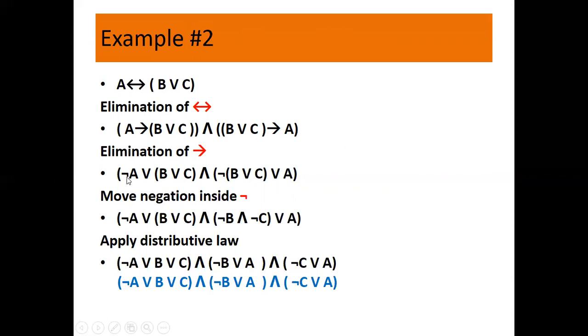So here you have negation of A or B or C. Similarly, here you have negation of B or C, or A. Fine. We eliminated the implication operator by replacing it with negation and or operator. I hope this is clear.